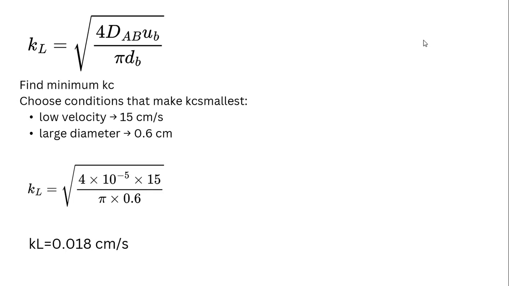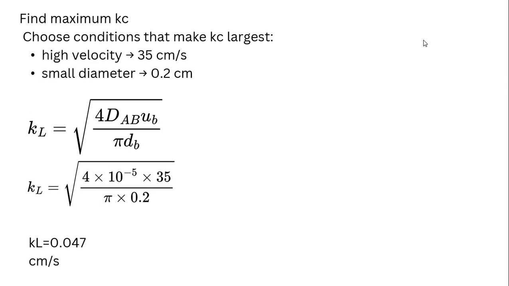So velocity should be low, so we are choosing 15 centimeter per second, and diameter should be large, since kL will increase if the diameter is small. So we are choosing 0.6 centimeter, and after calculating we will get 0.018 centimeter per second.